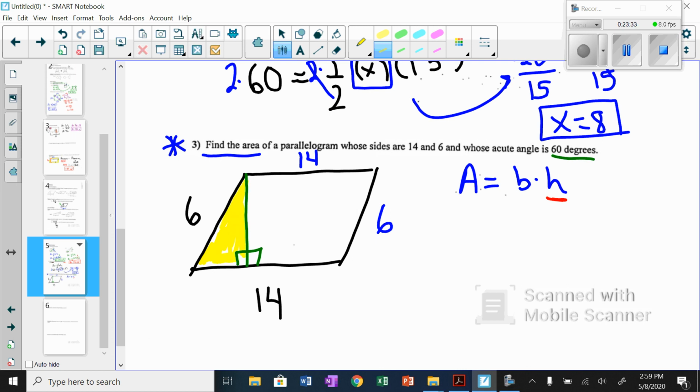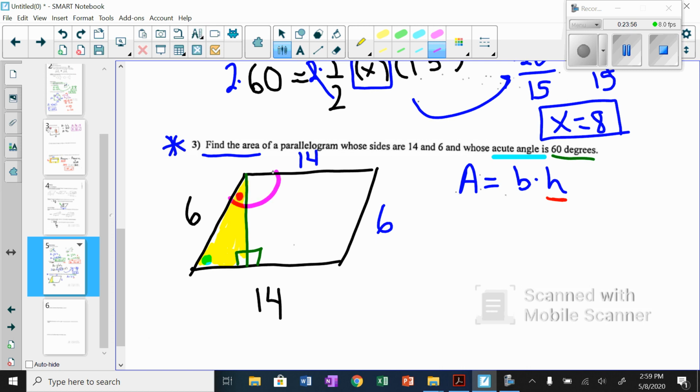Now, you have one of 2 locations to label that 60. You might want to say it's here, or the wrong answer would be up top. Why is up top the wrong answer for the 60? Well, it says one of the acute angles in the parallelogram. First of all, this angle right here is not the full angle of the parallelogram.